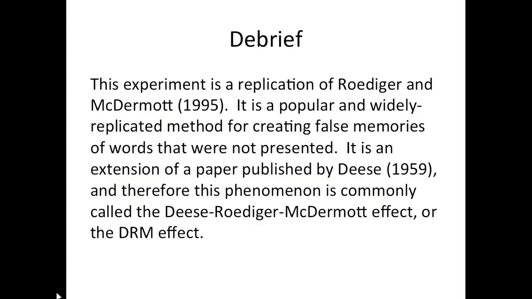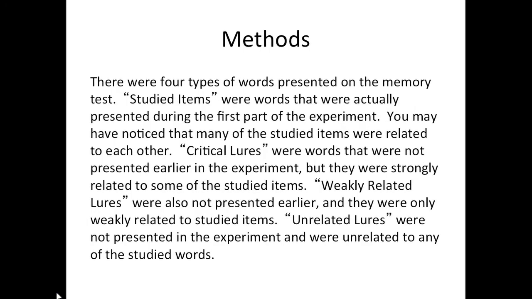So what's going on? This is a replication of the famous Roediger-McDermott paradigm. It's called the DRM, and that stands for Deese, Roediger, McDermott, because they had replicated an original study by Deese in the 1960s. And what happens is there's 4 types of words. Studied items were the words you actually saw during the experiment, so those are what you got right.